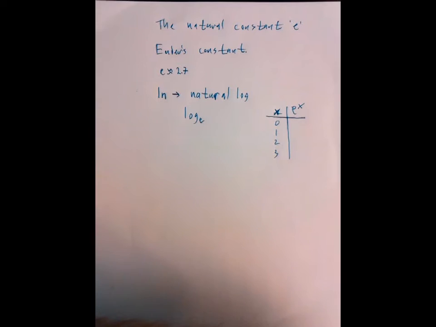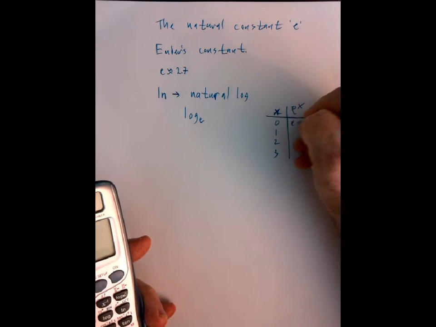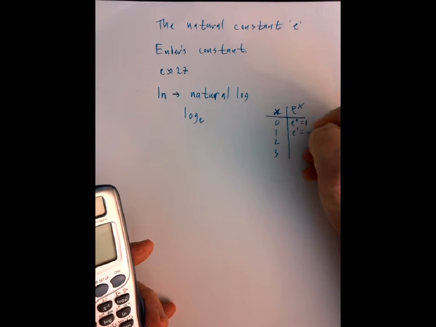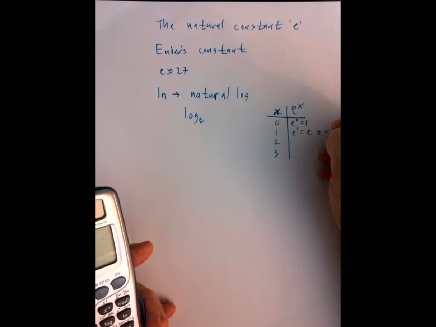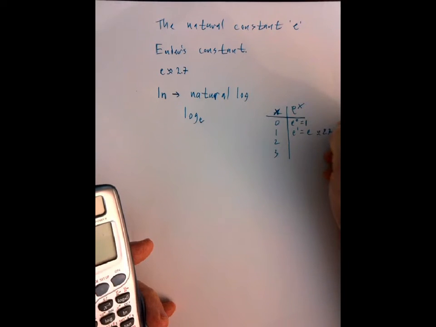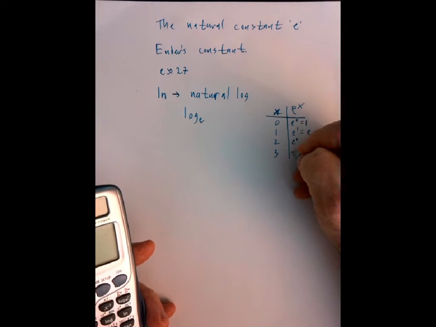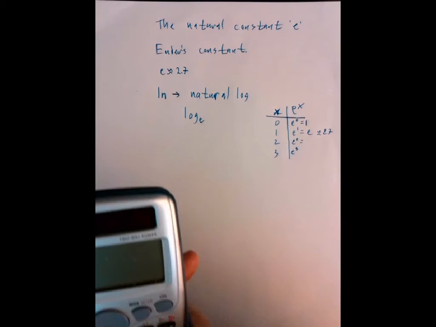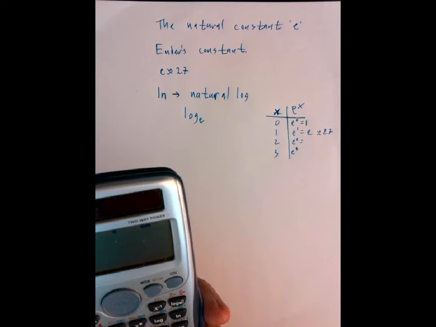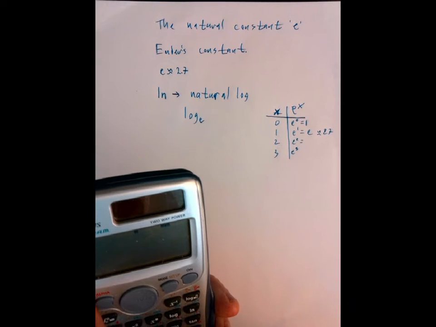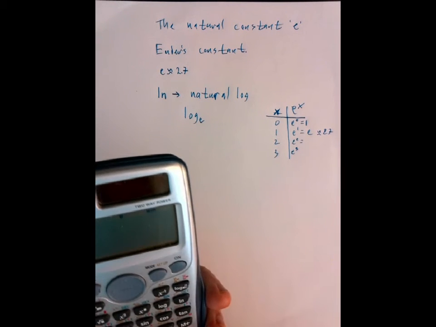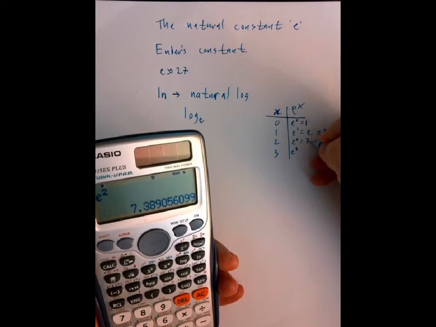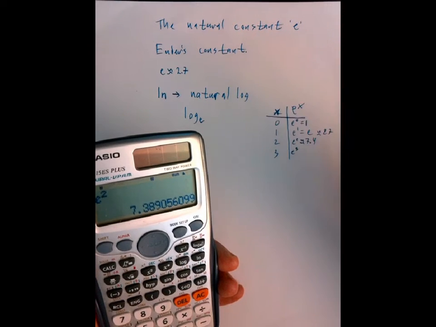With my calculator, e to the 0 power is 1, e to the 1 is of course e, which, as I said earlier, is about 2.7. e squared, e cubed. e squared is approximately 7.4 rounded off.